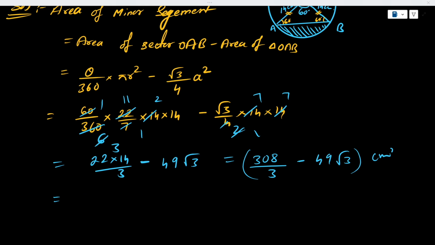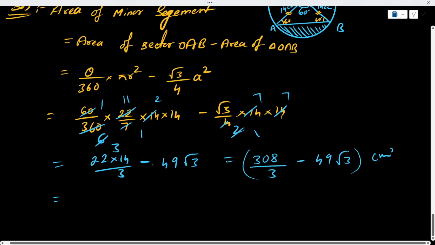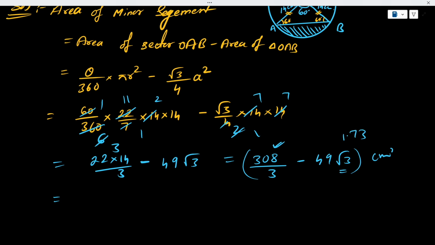So let us do it here. If I'm simplifying, I can first divide to convert it into decimal, and you substitute root 3 as 1.73. Be careful: the main thing here is the formula, but also the calculation part. Get the value up to 2 to 3 places. So it's coming 102.666, so I'm writing 102.67, minus you have to multiply 1.73 times 49.